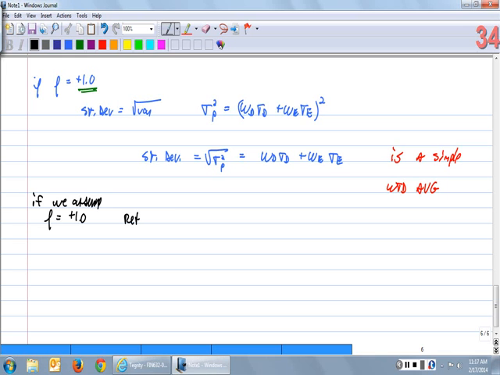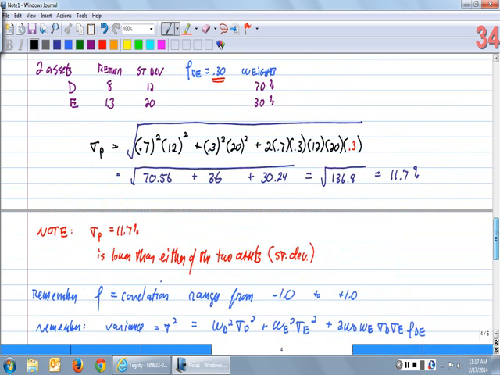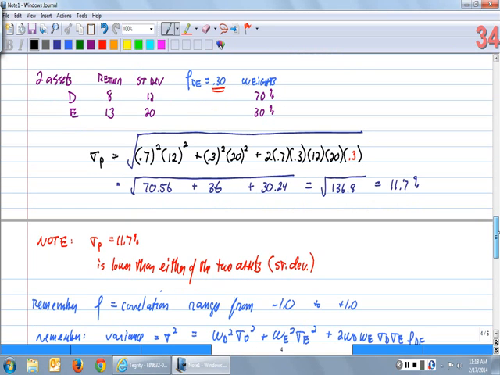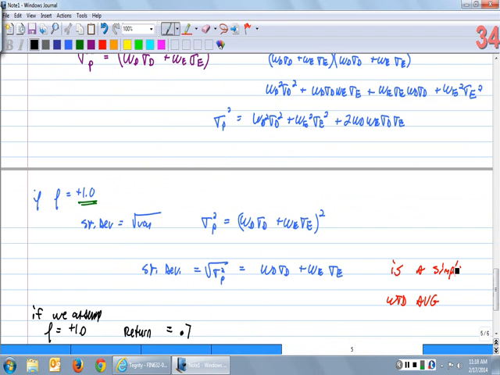The portfolio return will equal a weighted average. 70% of our money... Let's go back here. The returns of my assets are 8% and 13%. So 70% of my money would earn 8, 30% of my money would earn 13. And I get 9.5.